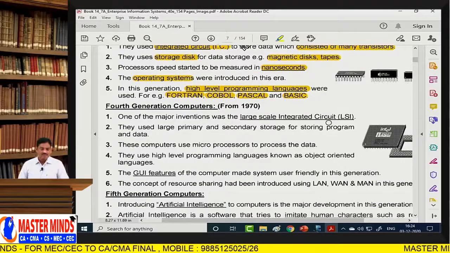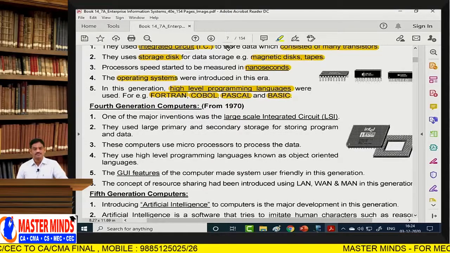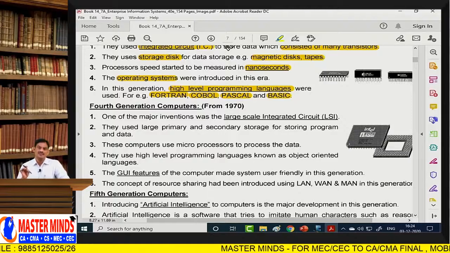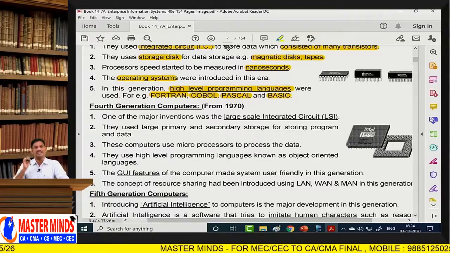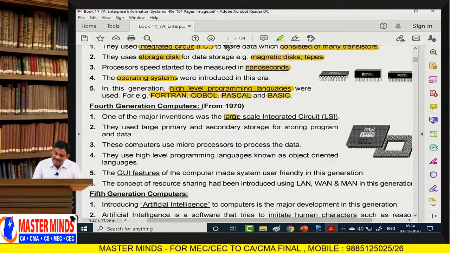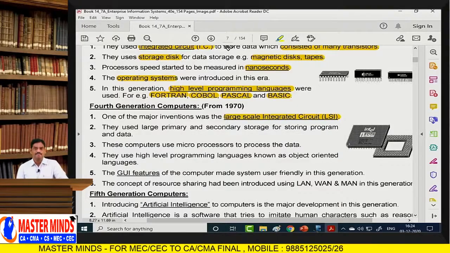Next one is the fourth generation of computers. What does the fourth generation of computers say? I told you, in the case of integrated circuits, we have small scale integration, medium scale integration, large scale integration, very large scale integration, ultra large scale integration. One of the major inventions was LSI, large scale integrated circuit.